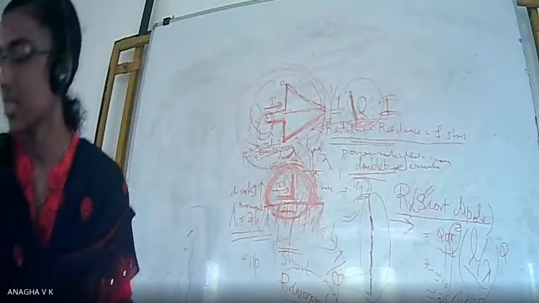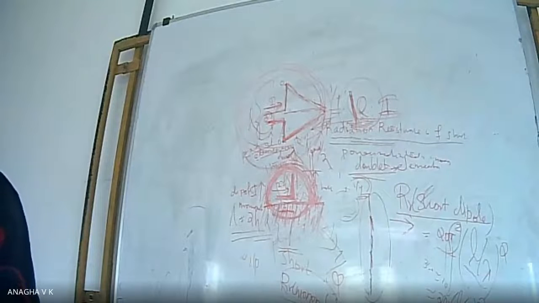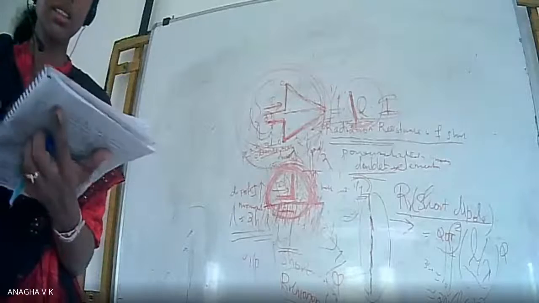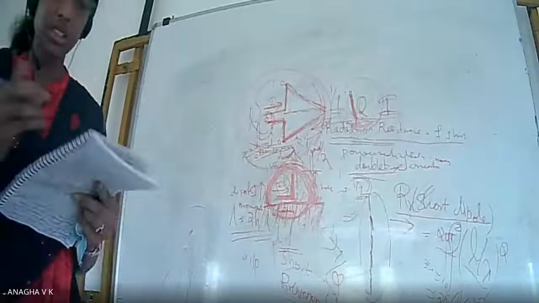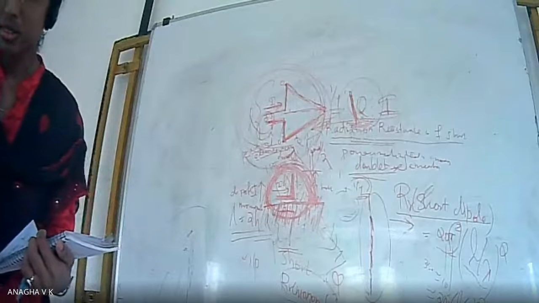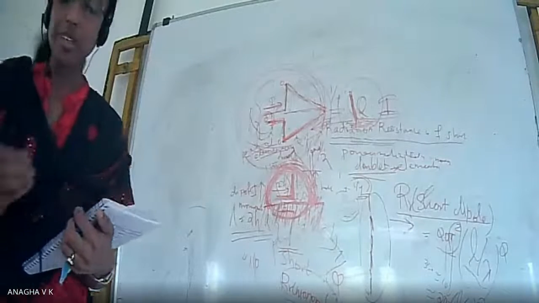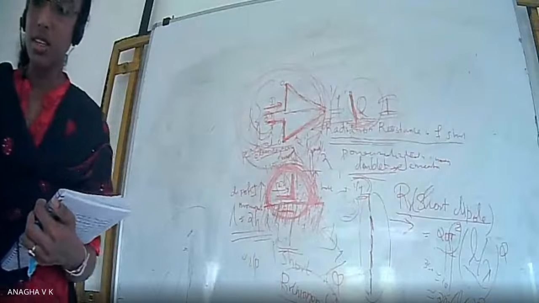So next, attendance. Roll number 1. Roll number 2, present, Miss. 3. 4, absent. 5. 6. 7.